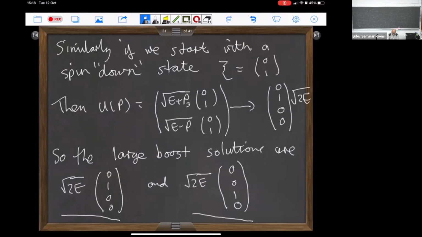In particular, you see that the left and right-handed components have decoupled. This is equivalent to taking the massless limit of the Dirac equation, if you like, but we did it with a careful normalization so that the limiting solutions make sense.